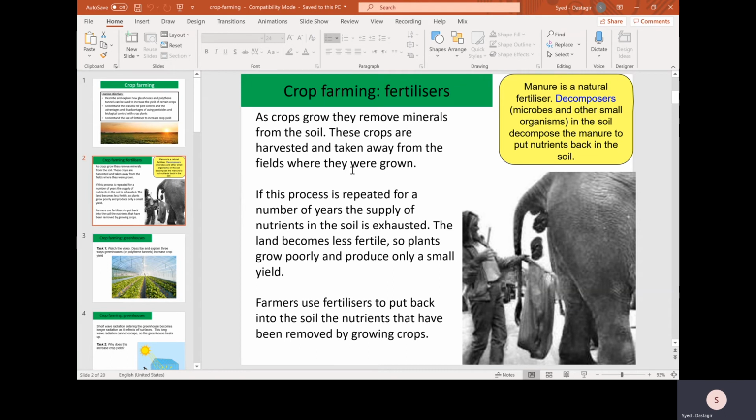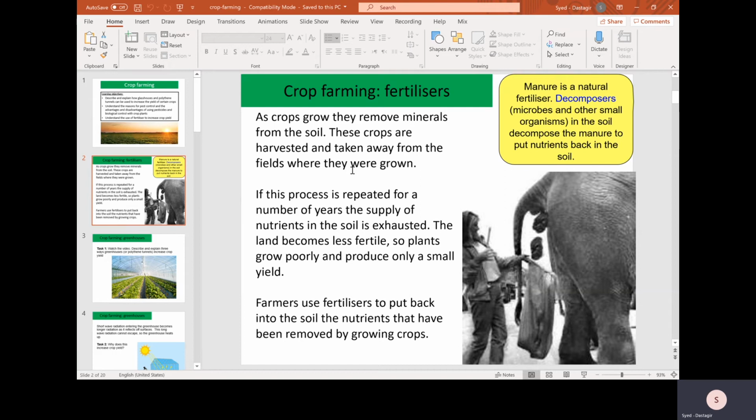So as crops grow, they remove minerals from the soil. These crops are harvested and taken away from the fields where they are grown. So if you just think of any example of a vegetable and you imagine you're a farmer. If this process is repeated for a number of years, the supply of nutrients in the soil gets exhausted.